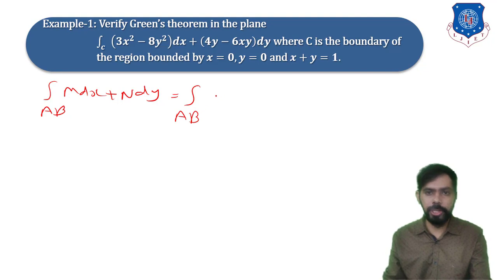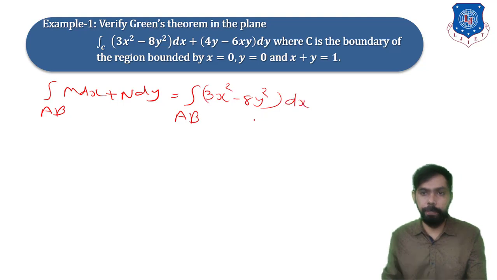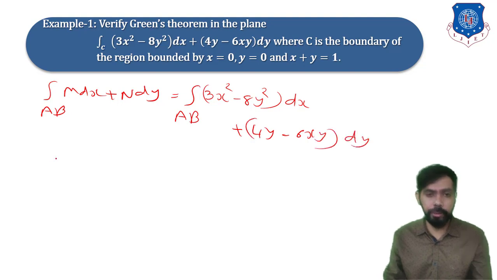Therefore the integration over AB of m dx plus n dy is equal to the integration over AB. What is m? It is 3x square minus 8y square dx plus 4y minus 6xy dy. Now here we are converting this expression in the form of x. So for that purpose we will replace y by 1 minus x because x plus y is equal to 1, and instead of dy we will write minus dx, and the limit of x is from 1 to 0.